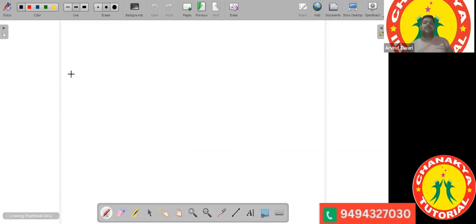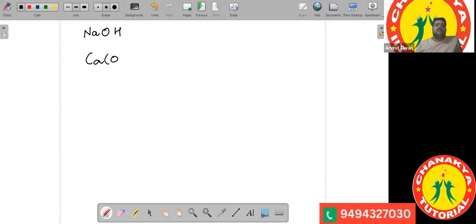So, can you determine the ratio of masses in NaOH? Also, calcium hydroxide. What is the ratio of the masses?